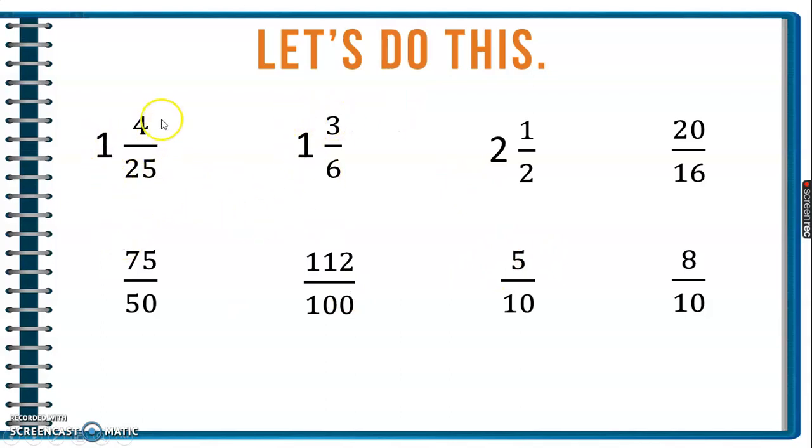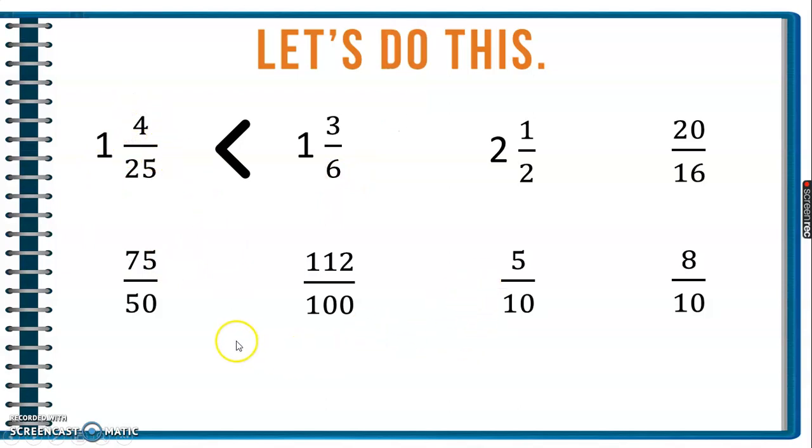So 1 and 4 over 5, and then 1 and 3 over 6. Let's compare. They have the same whole number. So what are we going to do? Cross multiply. So therefore, 1 and 3 over 6 is less than 1 and 4 over 5.